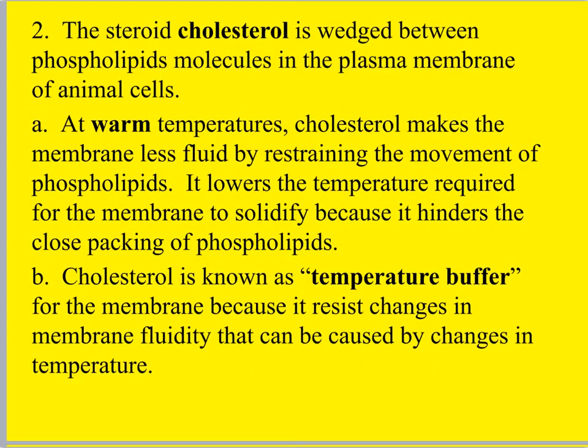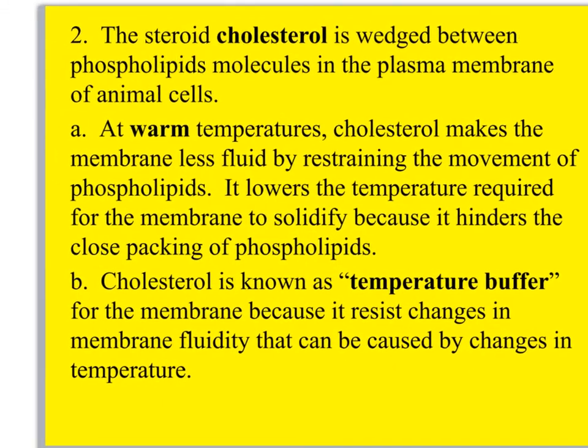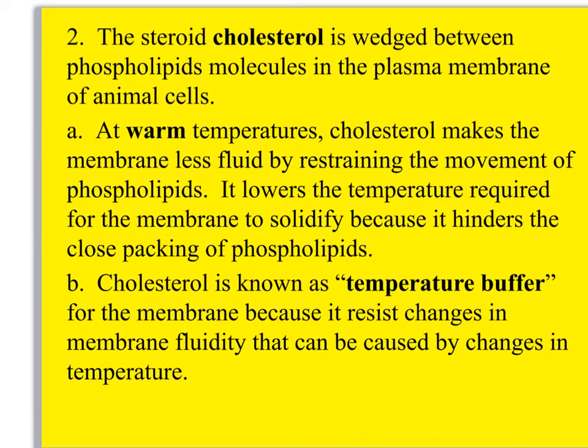So, the steroid cholesterol, I mentioned earlier that it can be found in the cell membrane. It just kind of is between the phospholipid molecules, and cholesterol is going to be in animal cells. Anyway, at warmer temperatures, this is different: cholesterol becomes less fluid, and it restrains the phospholipid movement.